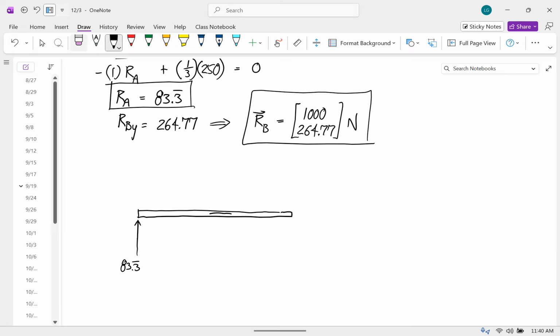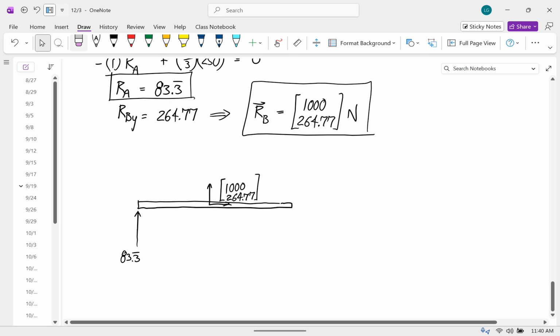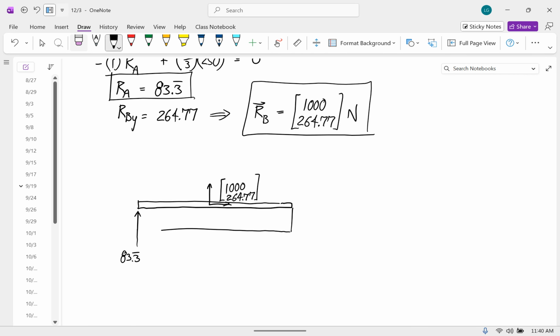And at the middle, we have 1,264.77. And then we have the two distributed loads. One is the weight, and the other one is the triangular distributed load. So the weight is this uniform distributed load.